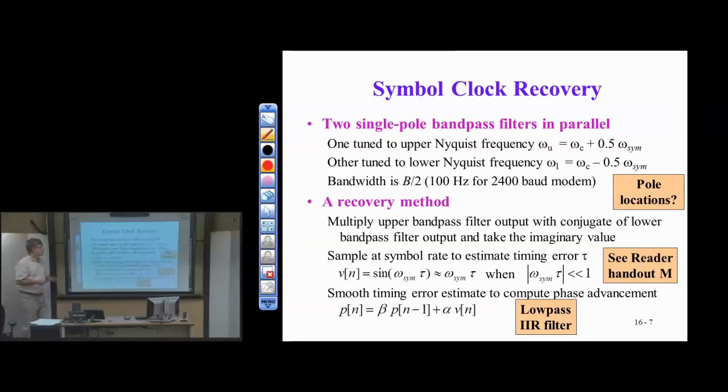The transmitter has upsampling or impulse modulation, where we get those impulses that are spaced at the symbol time. In other words, there's a sampling effect here at the symbol rate. And in the discrete time implementation, we would upsample to convert symbol rate to sampling rate.